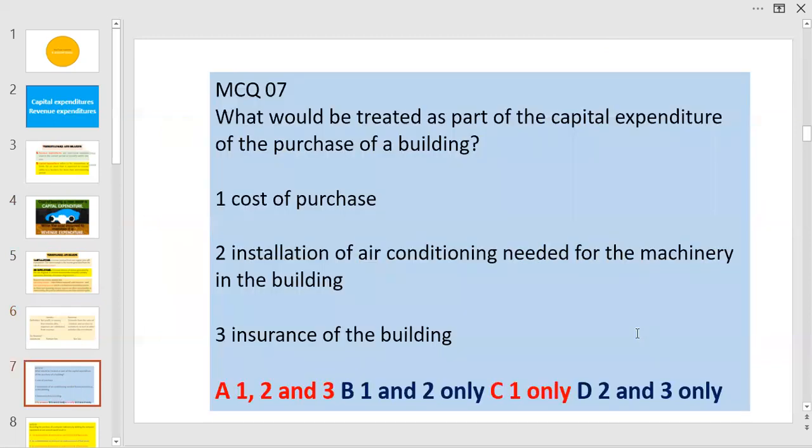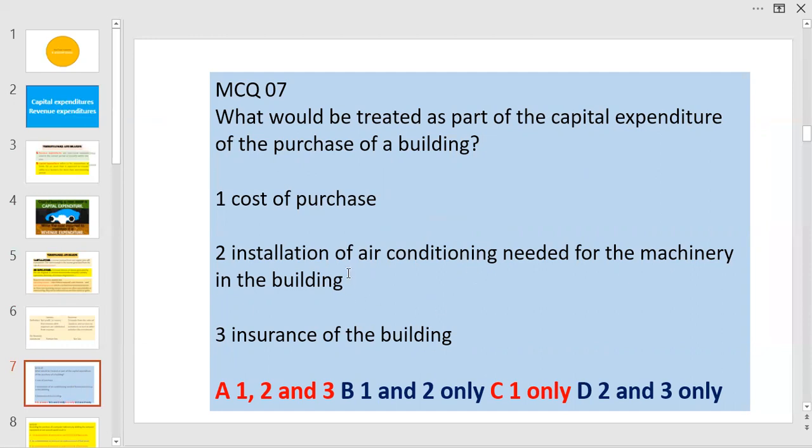The question: what would be treated as part of the capital expenditure of the purchase of a building? 1. Cost of purchases. Yes, this will fall under capital expenditure. 2. Installation of air conditioning needed for the machinery in the building.